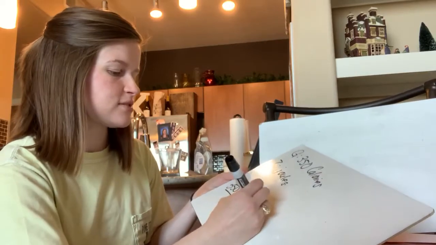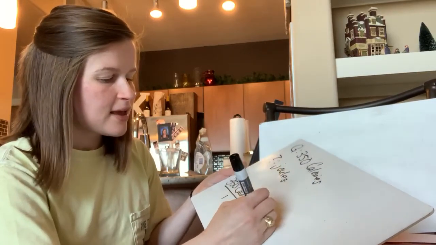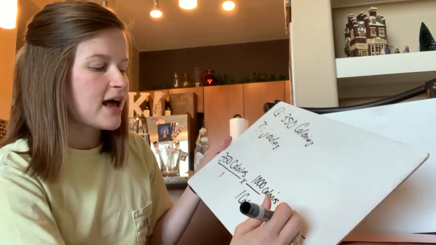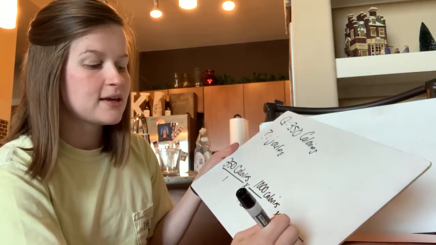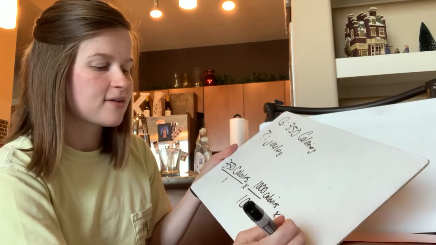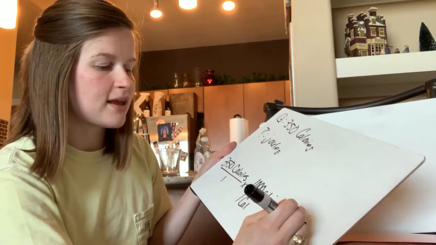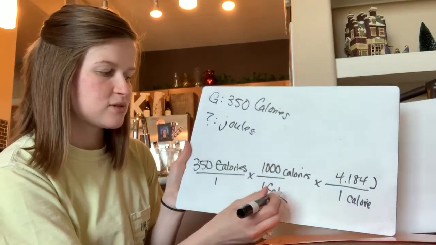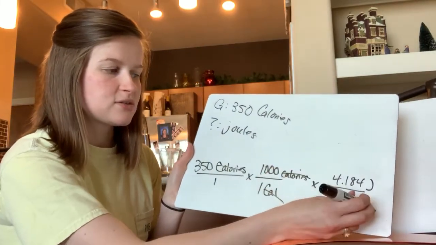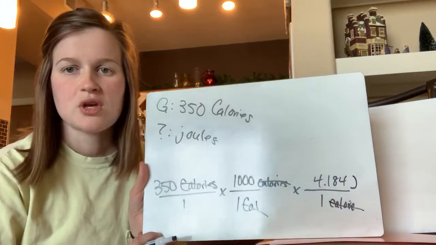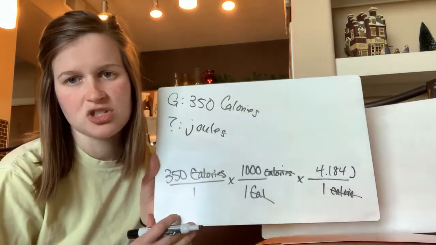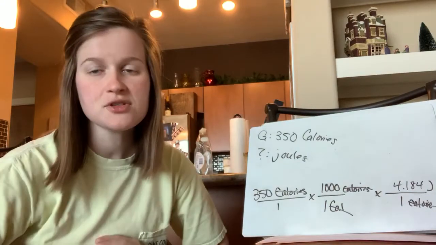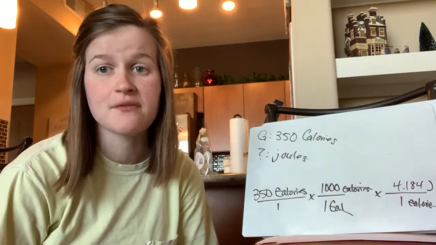So 1 big cal is equal to 1,000 small calories. And then I can take my relationship, which is joules, and I know for every 1 calorie, I have 4.184 joules. So then the big C cancels the big C, the little c cancels the little c, and then I'm left with joules. So then you take that 350,000 and just multiply it by 4.184. So that's how you solve the example at the bottom of page 1 of the notes.